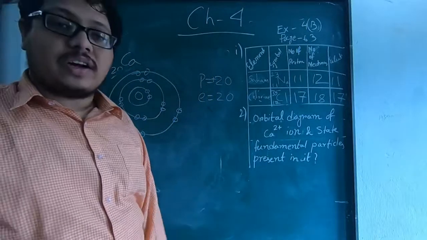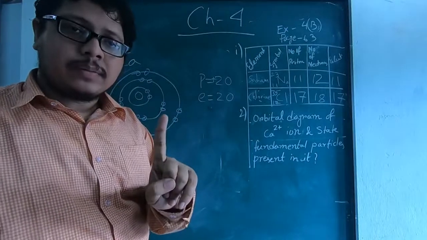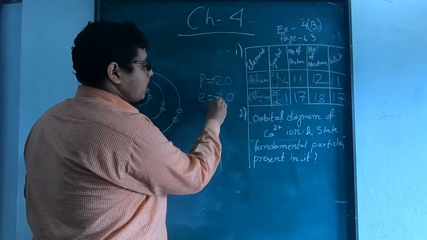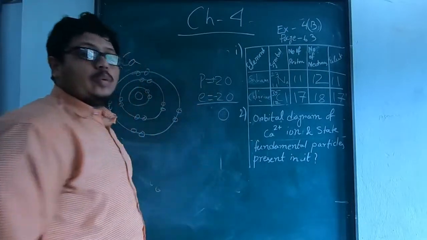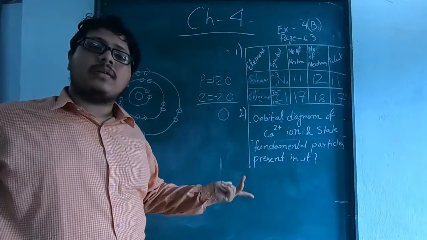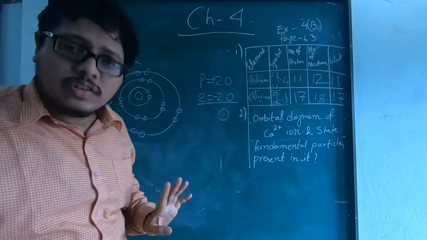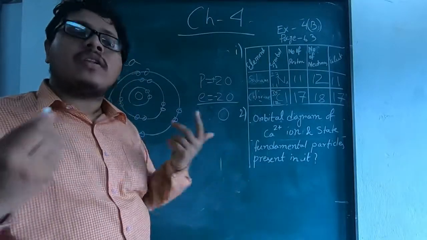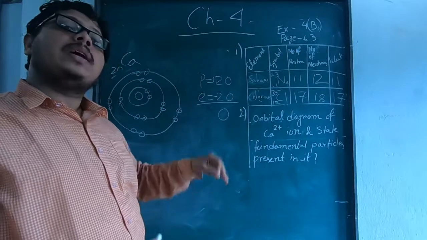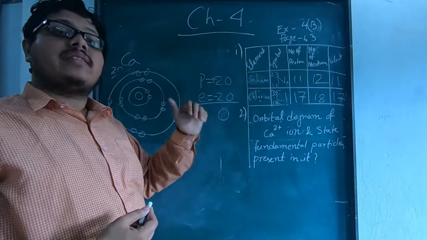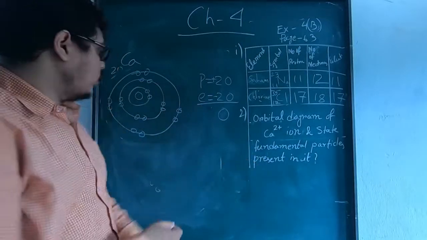And electrons have minus 1 charge each, so minus 20. Before, the total charge was 0, because plus 20 minus 20 cancel. But now you see, 2 electrons are lost. Why lost? Because they want to be stable. They want to have a stable electronic configuration. 2 electrons lost.